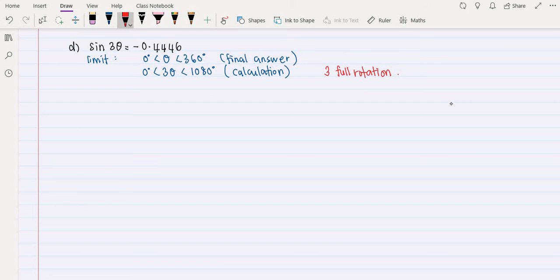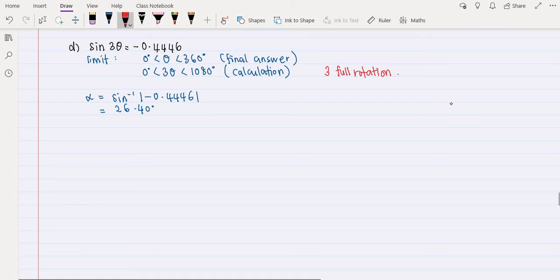Okay, so the next step is we need to find our alpha. So to find alpha, we just use the formula arcsine of negative 0.4446 in the absolute value symbol, and that gives us alpha is actually equal to 26.40 degrees.